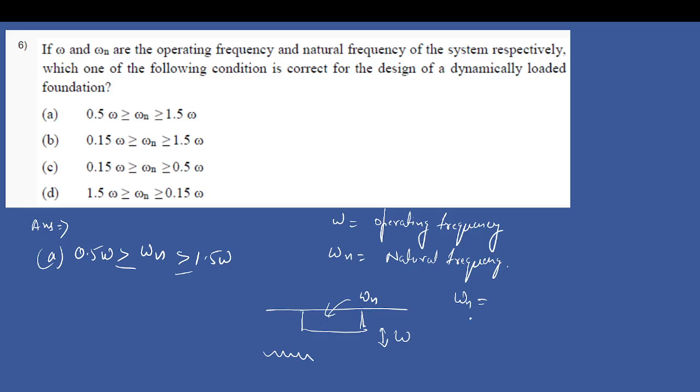So this should not be equal, and usually we keep a certain margin. So we design our foundation such that your omega n is less than 0.5 omega and greater than or equal to 1.5 omega. When I say designing the natural frequency, omega n we know is given by 2 pi root over k by m, right?